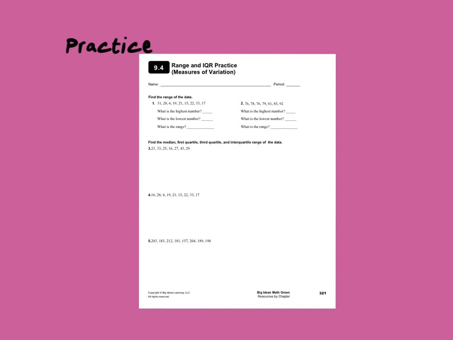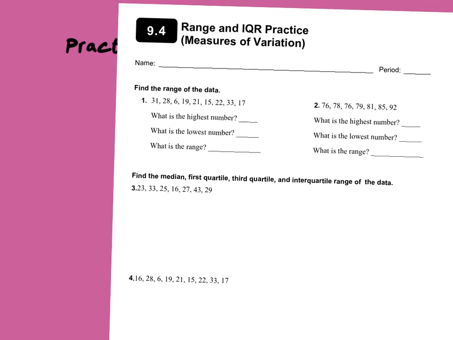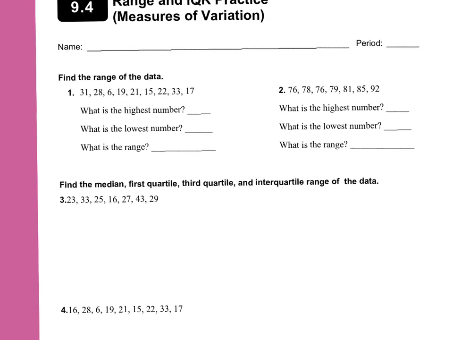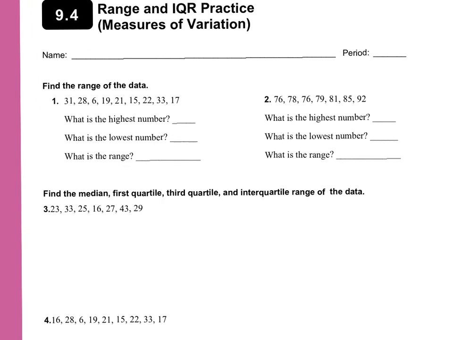we are looking at your practice page here. So we're going to go through this practice nice and easy, and then it will help you to be able to do your assignment. So first things first, it says find the range of the data. So this data is not in order, and really, if you didn't want to find the range, do you really have to put it in order from least to greatest?